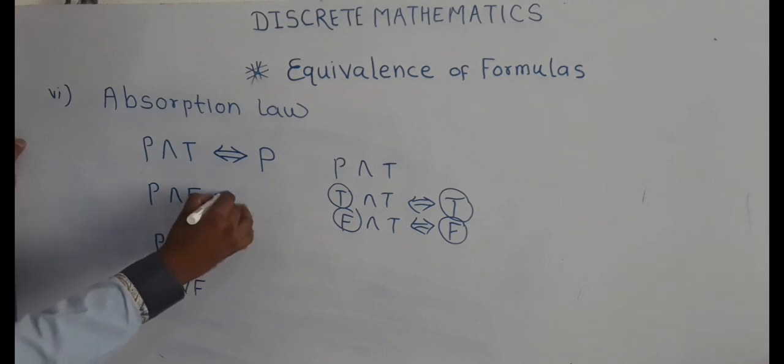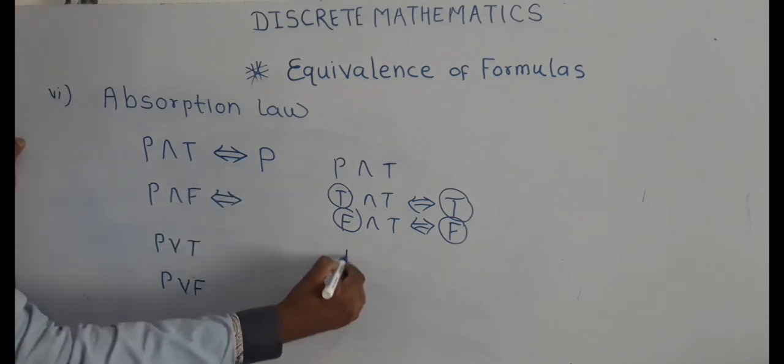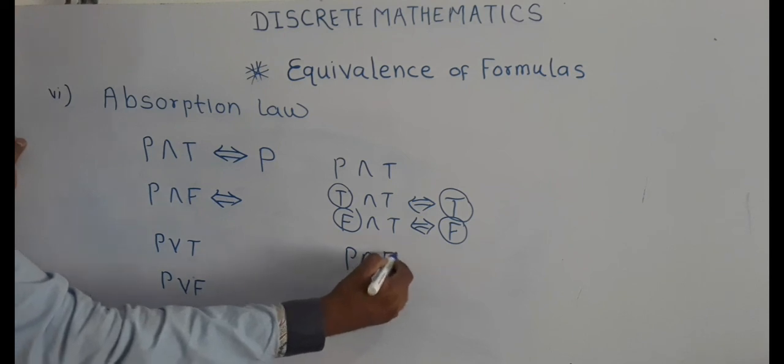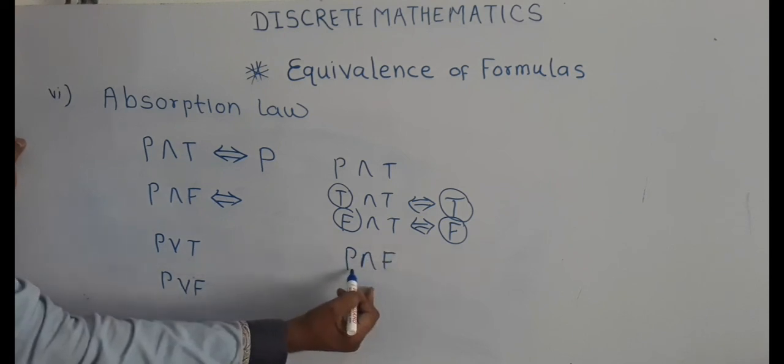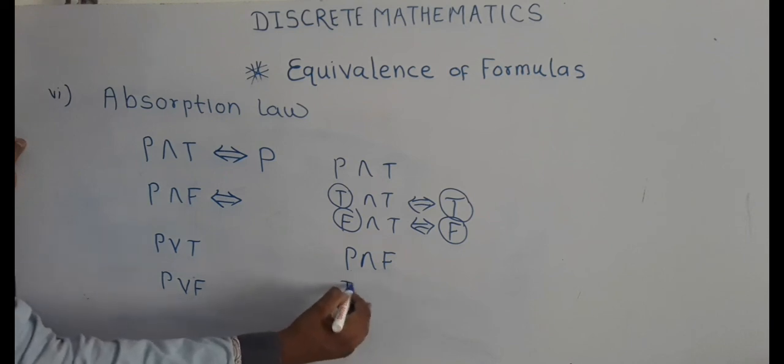Second, P and F. Now if we have P and F, one is a variable P and one is a constant value, that is F. Now P may be true, P may be false.